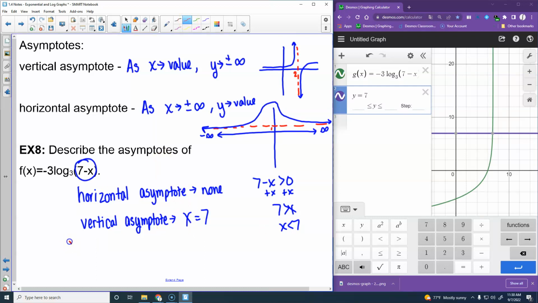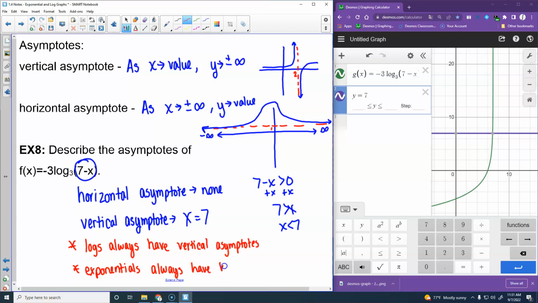A note here, logs always have vertical asymptotes, and second note, exponentials always have horizontal asymptotes.